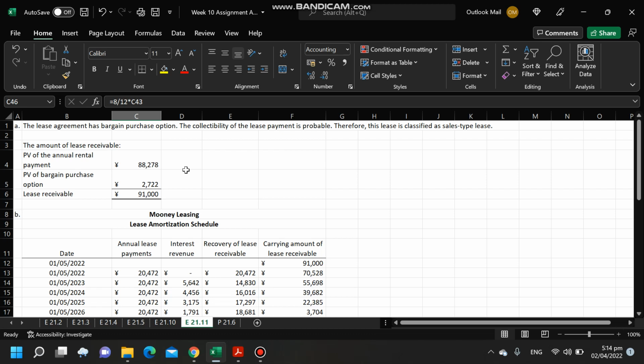The amount of the lease receivable is the sum of the present value of the annual rental payment, which is 88,278, using the usual present value formula, plus the present value of the bargain purchase option. Actually, this is just the other way around from the lessee's lease liability calculation.